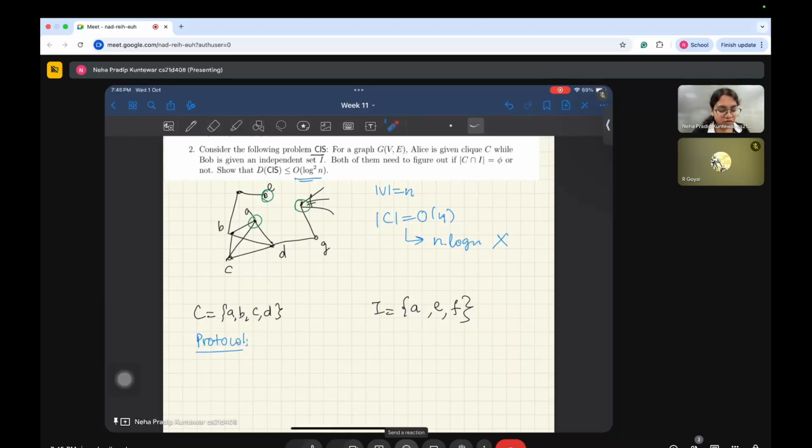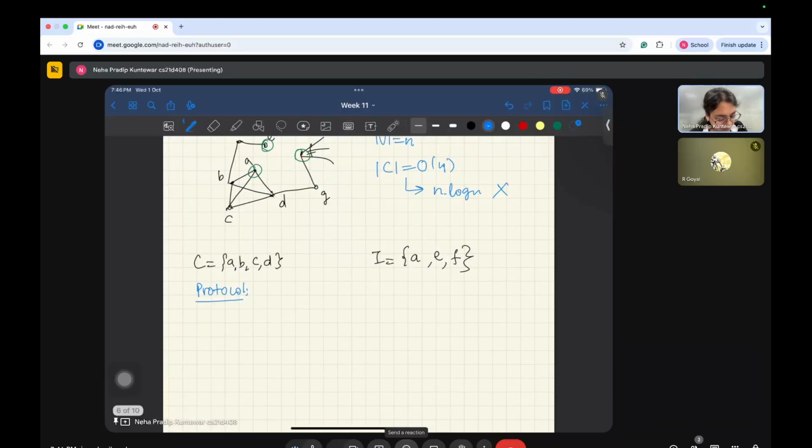Yeah, but actually you are not very far. There are two key ideas here. One key idea is, let's say I look at the click. I'll not write the protocol, but I'll just convey one idea.